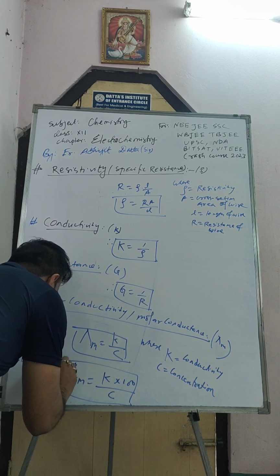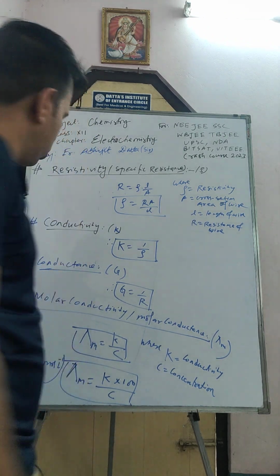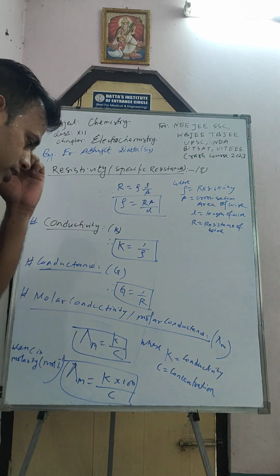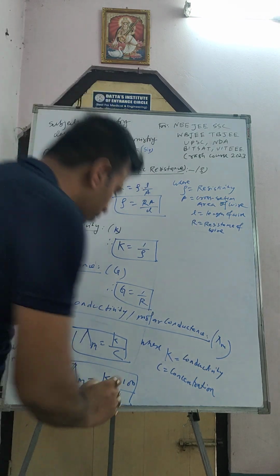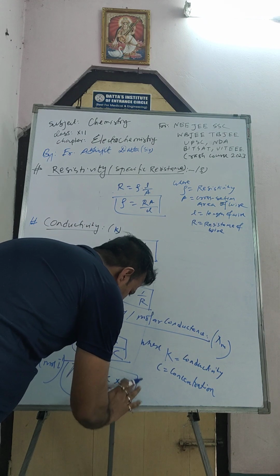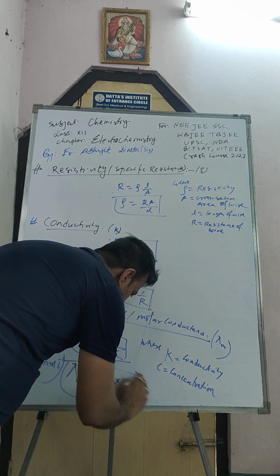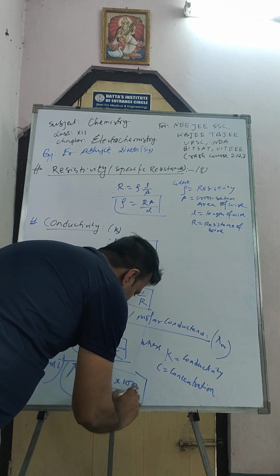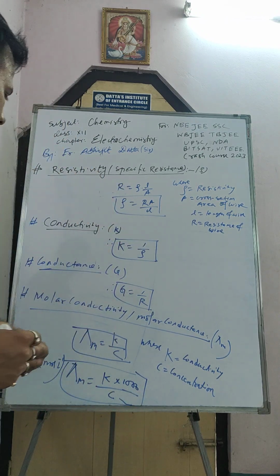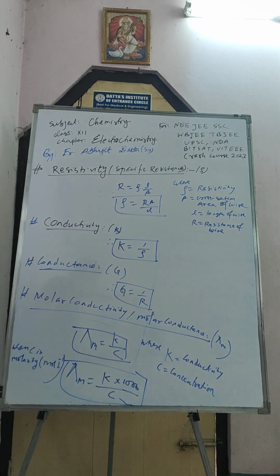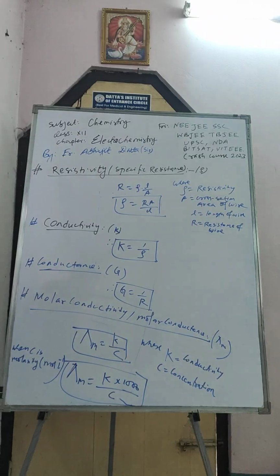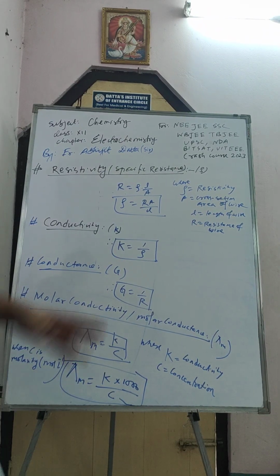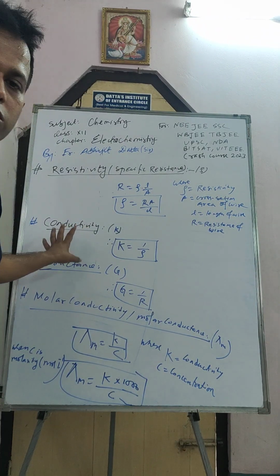If C is in moles per liter unit, then lambda m equal to K into 1000 divided by C. So these are the formulas. Moving on to the next formulas, after that we will do some numericals from previous year questions.